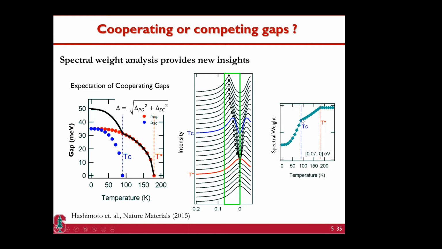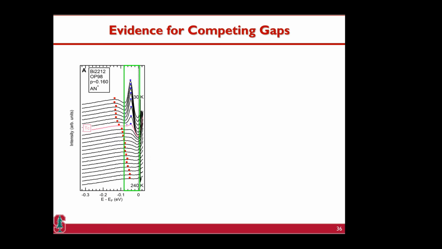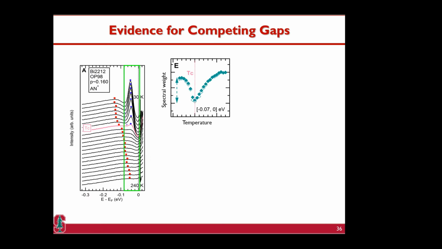At TC, it just decreases even more. That's what you would have expected. In the data, if I also plot the low energy one, you can see that at T star, indeed, the spectral weight decreases. But at TC, instead of decreasing even more, it actually increases.